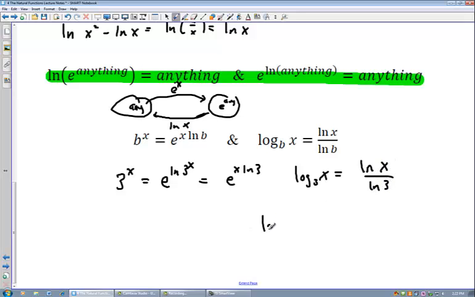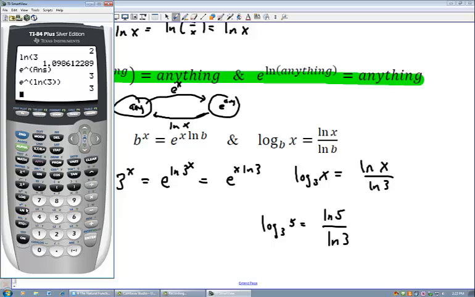So suppose you want to find log base 3 of 5. I simply would do ln of 5 divided by ln of 3. And I can plug that into my calculator. So ln of 5 divided by ln of 3. And I get out this number, 1.464973521. Goes on, probably forever and ever.